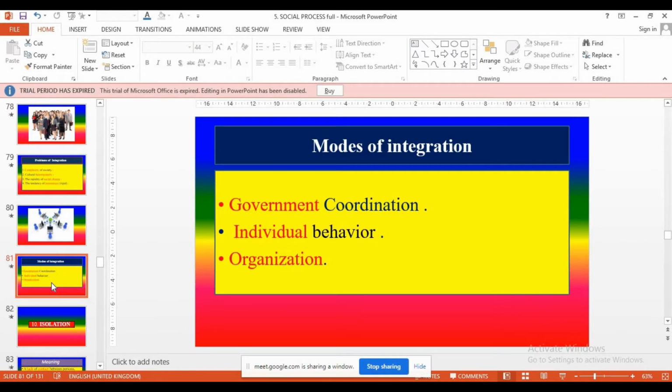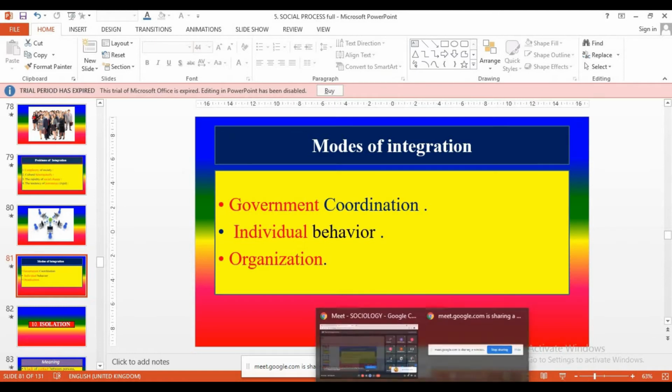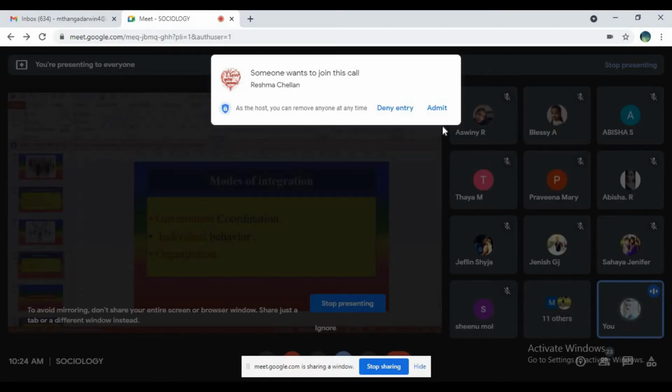Next, modes of integration. First mode, government coordination. For example, the Government of India coordinates every state and district through legislations.